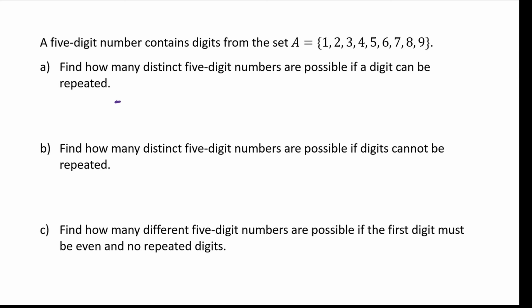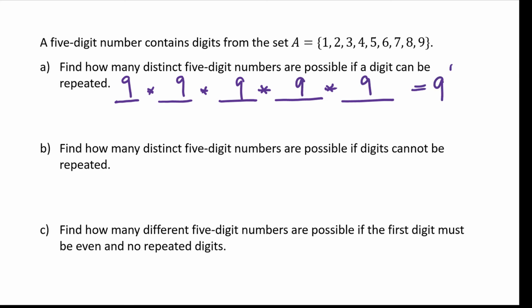So we are looking at 5-digit spaces to fill, and for each place we can have 9 possible digits. 1, 2, 3, 4, 5, 6, 7, 8, or 9. And we do that for the 3rd, 4th, and 5th space, so we have 9 to the 5 possible distinct 5-digit numbers when digits are repeated.